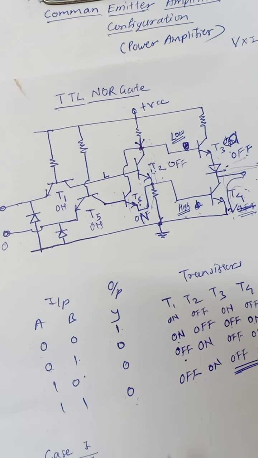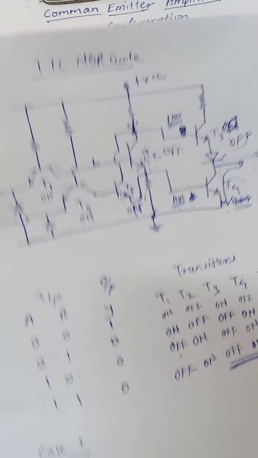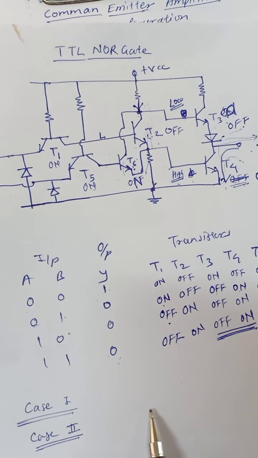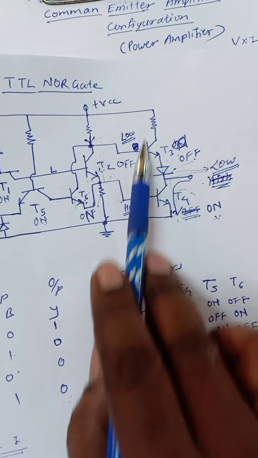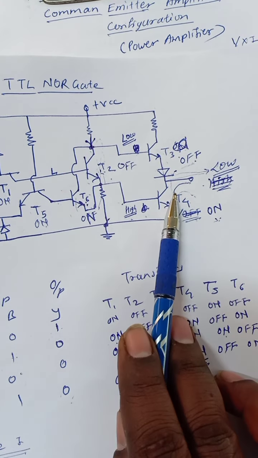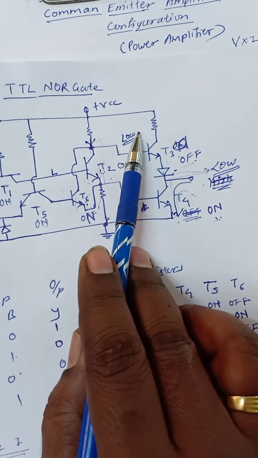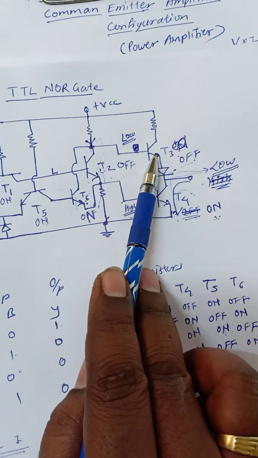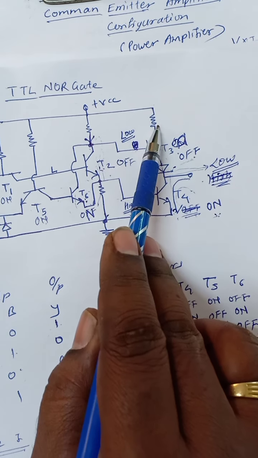Okay, so this is the most important point. Next, this is a totem pole arrangement. But in some cases you have to omit this transistor, this diode and this resistor.